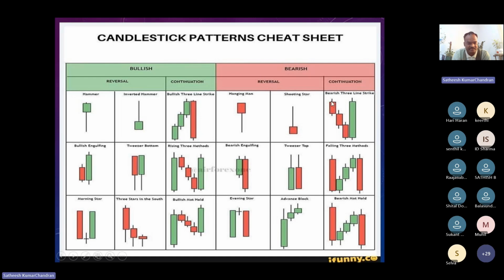It's all about pattern recognition using charts. Like shooting star, inverted hammer, bearish 3-line strike, bullish 3-line strike, bullish engulfing, tweezer bottom. They are all just for understanding. It's not that we are going to use them immediately. I will show it in the chart and then we can understand it.